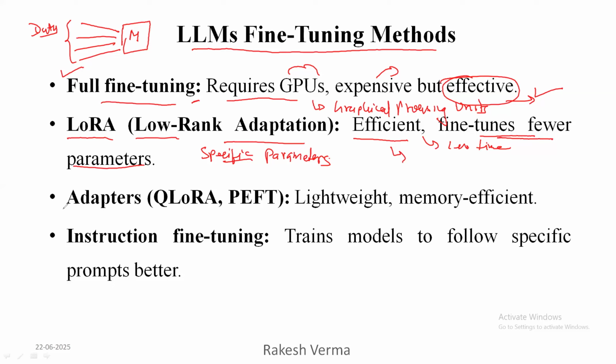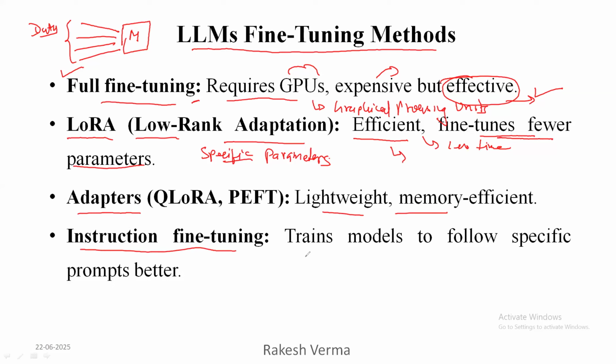Another method we can consider is adapters. There are two types of adapters available: QLoRA and PEFT. Both are lightweight and memory efficient. We will discuss these in the next slide. After that, one more fine tuning method is instruction fine tuning. What is instruction fine tuning?